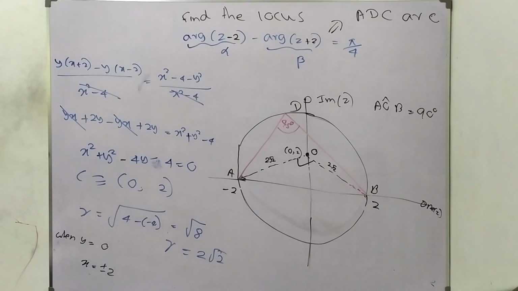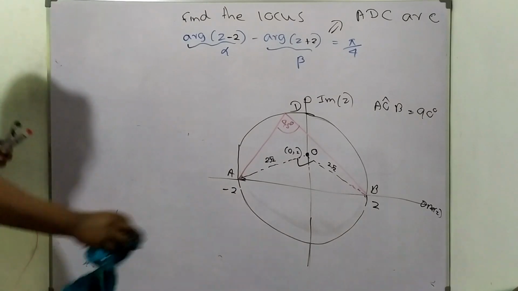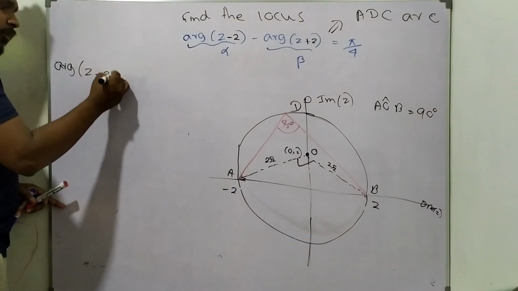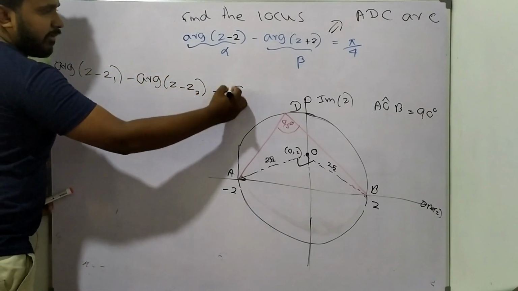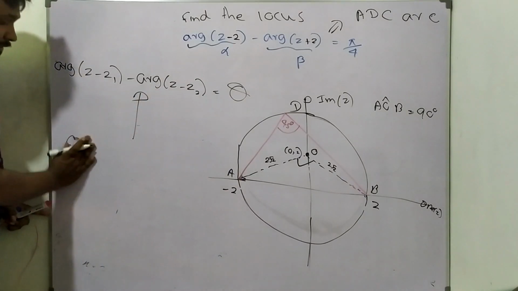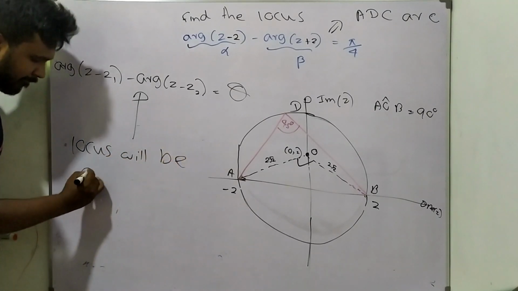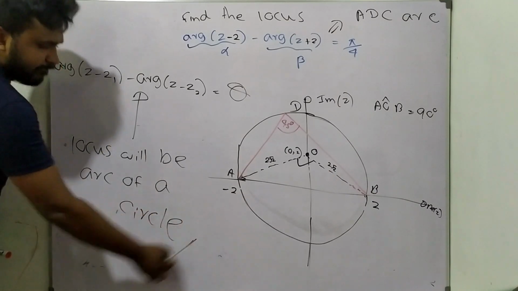So now we can summarize: when arc (z minus z1) minus arc (z minus z2) becomes some angle, the locus will be an arc of a circle, right?